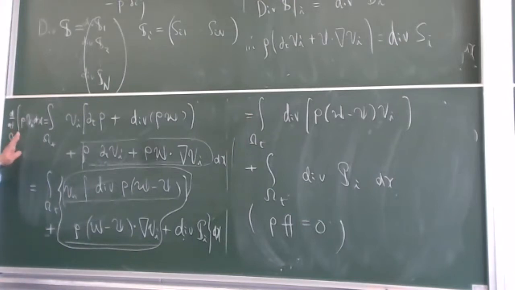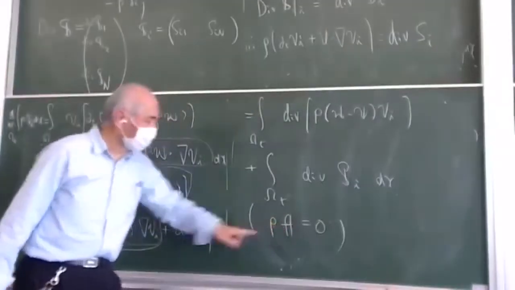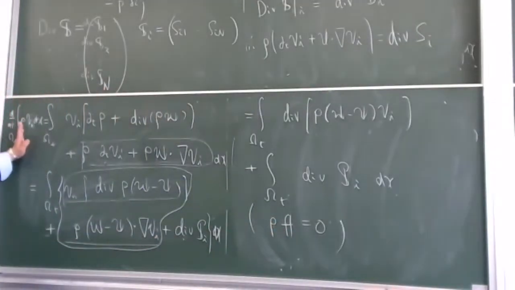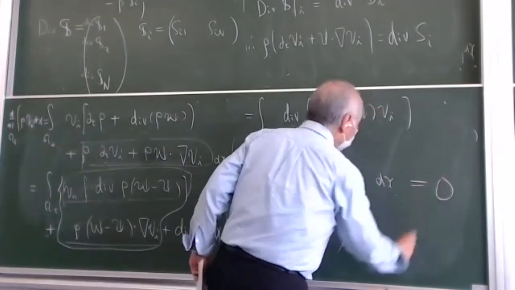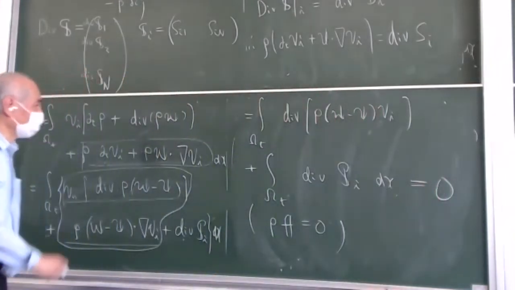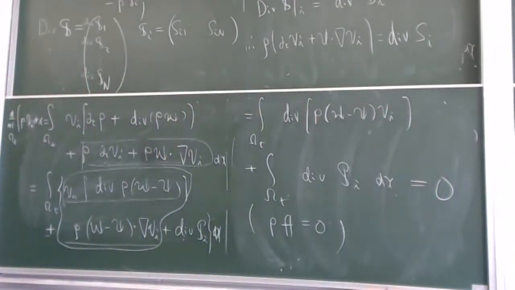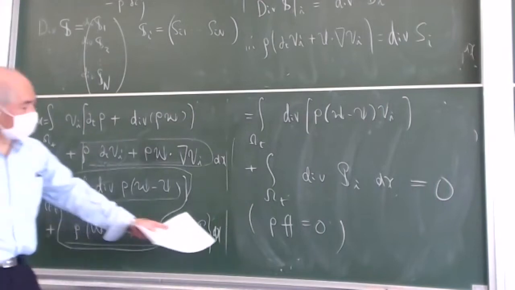But now we consider the rho f equals 0 case, then we expect to get the conservation of momentum. So this is zero. This is zero. This is conservation of momentum. This is zero. Under this assumption.